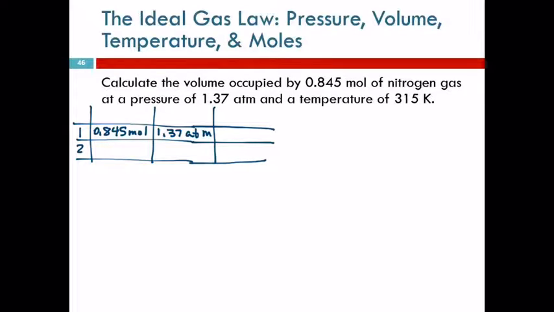And then we've got the next number, 315 Kelvin. And then let's identify these. Volume, calculate the volume. This many moles of gas. What's the variable for that? N. And this is the pressure, right? So that's going to be P. And this is temperature.